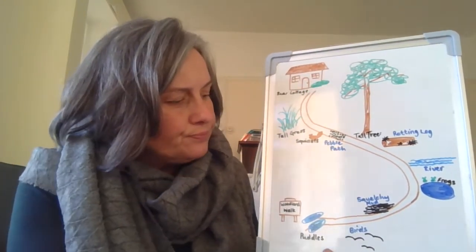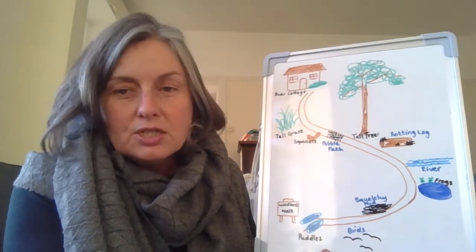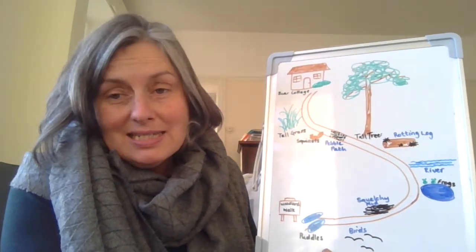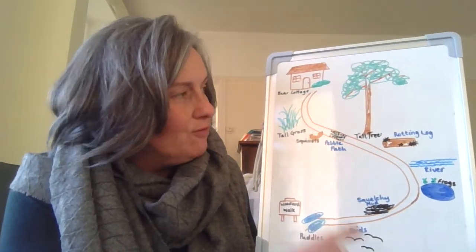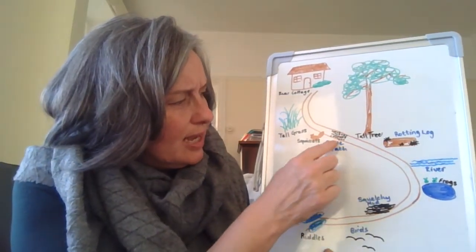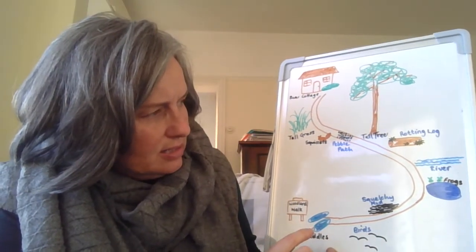And then what I'm going to do is split the children into groups of 3, or even pairs, but you probably won't have enough. I've got 10 little scenes here.